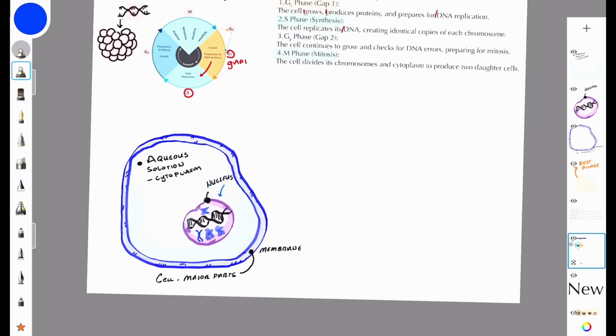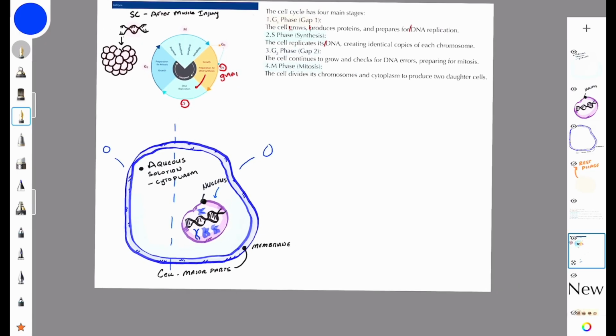So when we split this cell down the middle, and we have to create a daughter cell and a daughter cell, well, all of this has to go with it. All of this material inside has to go with the cells. So we have to create the material before we even split the cell.